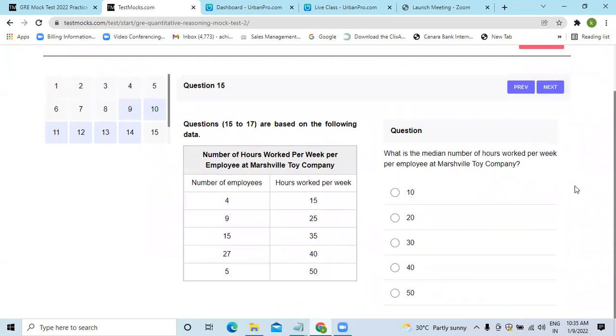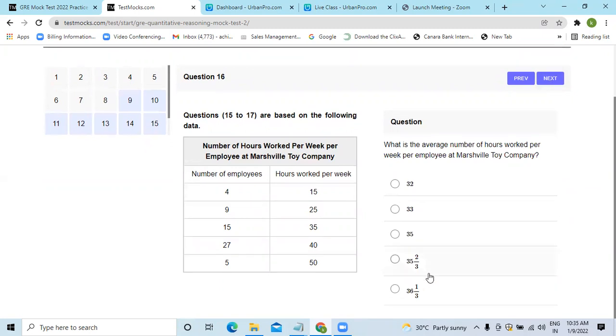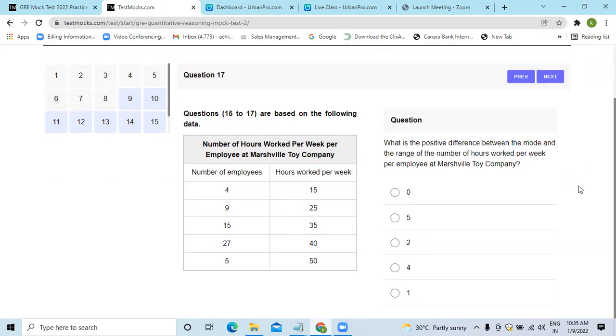This one was 40, sir. This one was 36 and 1/3, if I'm not mistaken.